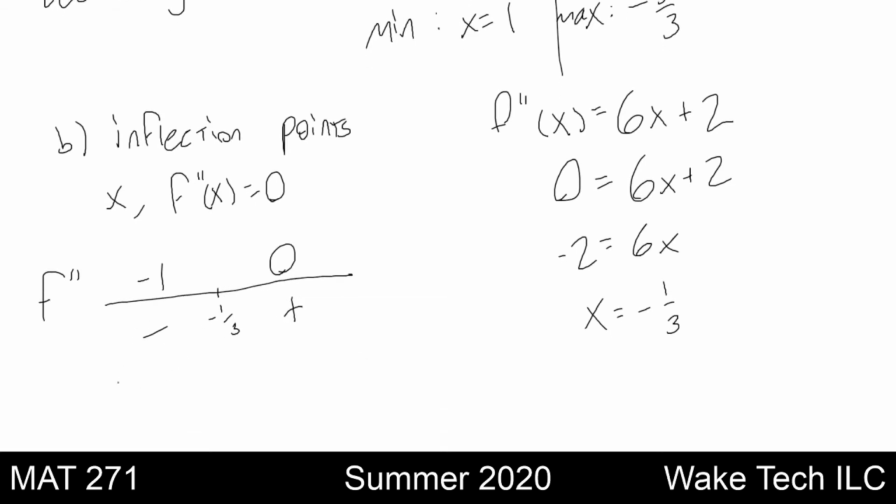A negative second derivative corresponds to concave down, and a positive second derivative refers to concave up.